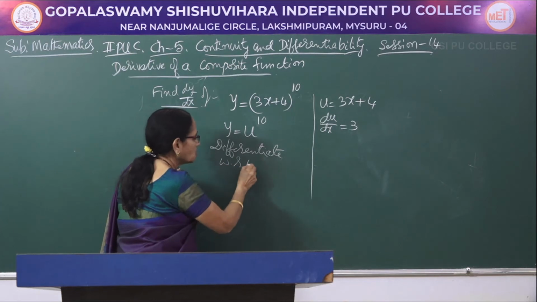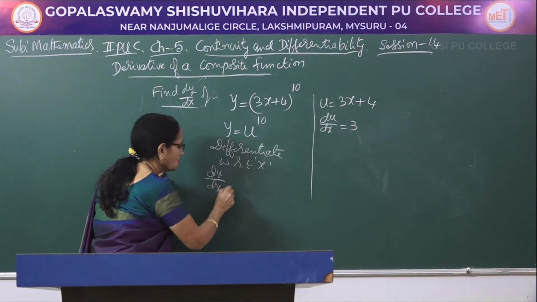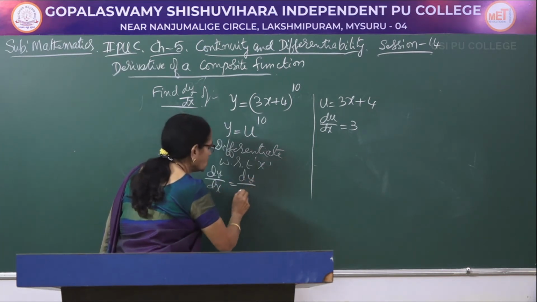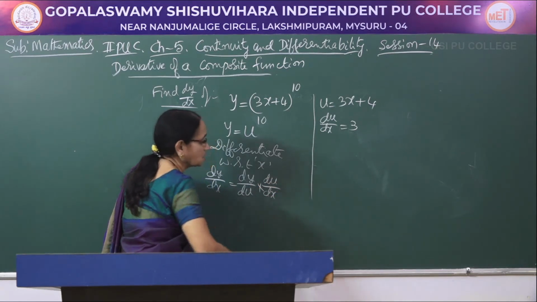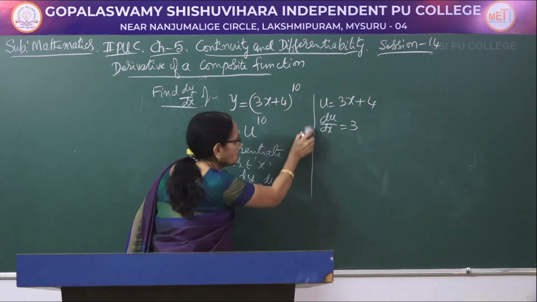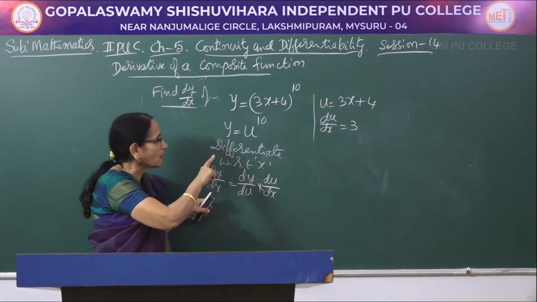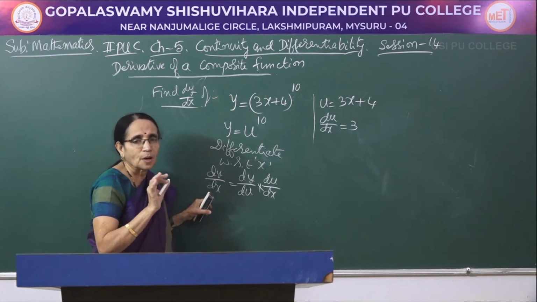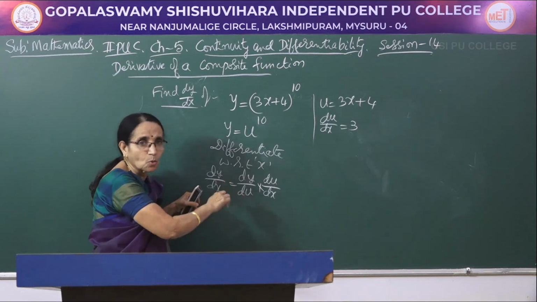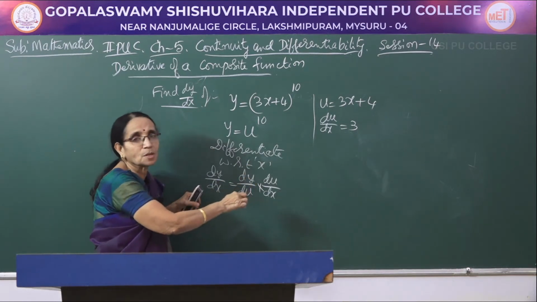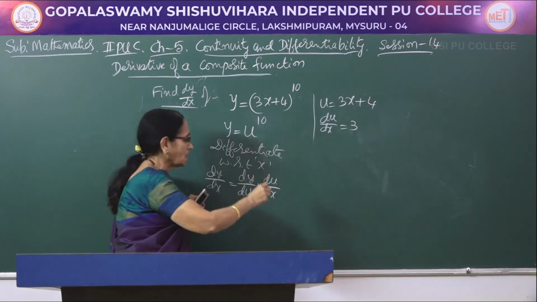That means dy by dx can be written as dy by du into du by dx, because you can't directly differentiate y with respect to x. The reason being, y has been expressed not in terms of x but in terms of u. So, first you have to differentiate y with respect to u only, then that u has to be differentiated with respect to x.